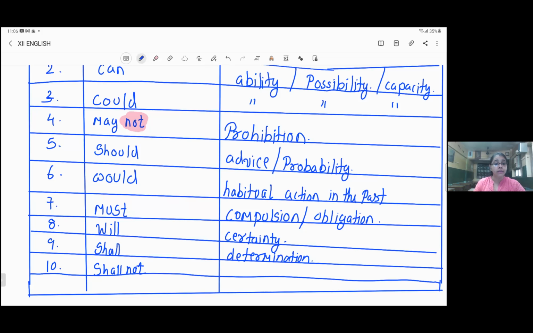Shall not is giving again a negative impact, like may not. These both are the same. Here again, same as may not, shall not will denote, it is giving the meaning of prohibition.